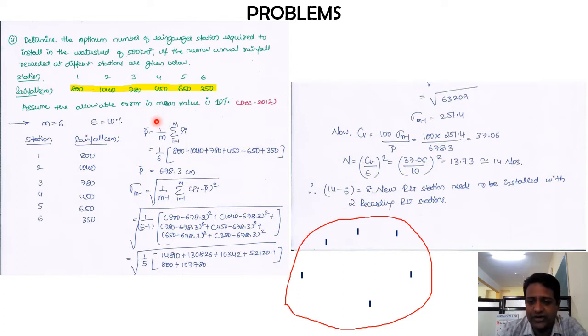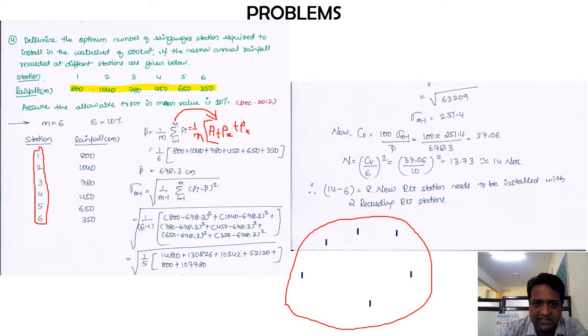One more elaboration: since we have a total of six rain gauge stations, this formula is going to expand as 1 divided by m into bracket, P1 plus P2 plus P3 plus P4 and so on up to P6.